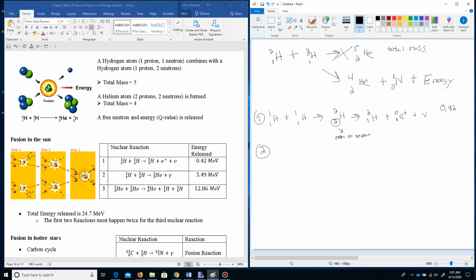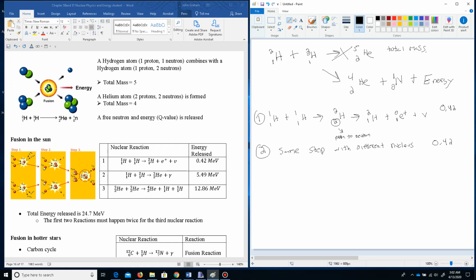The second one is the same step with a different nucleus, so 0.42 again. Different nucleus as in a different 2 hydrogens. So we have 2 hydrogens here, 2 hydrogens here.